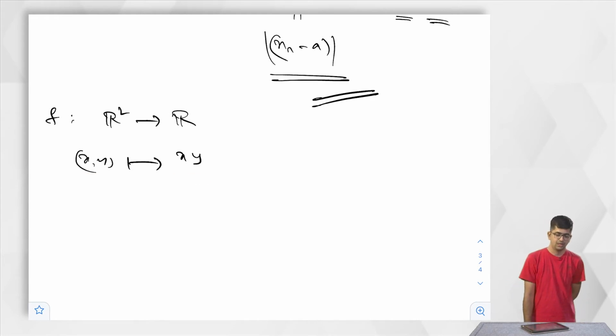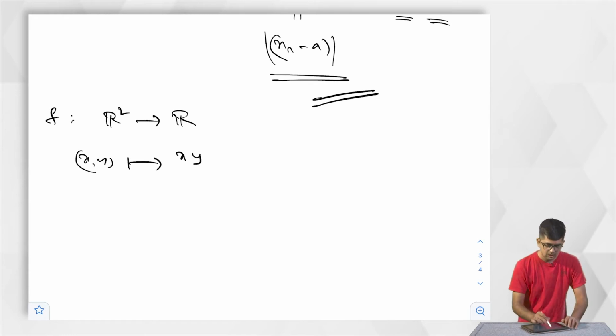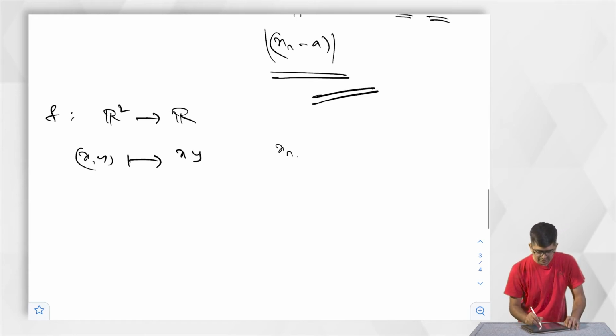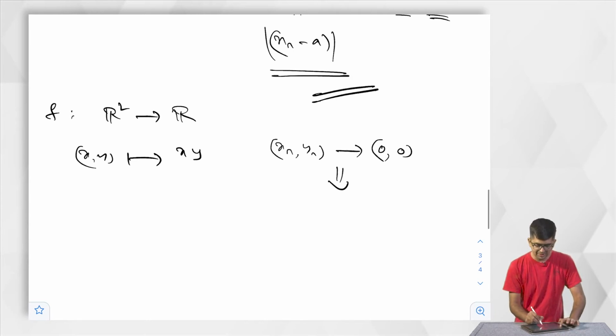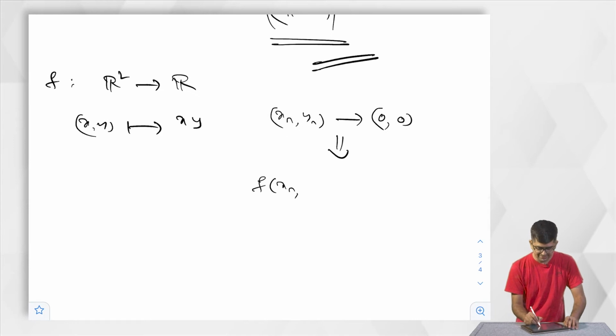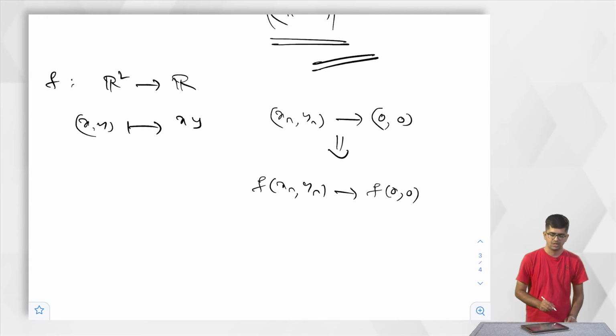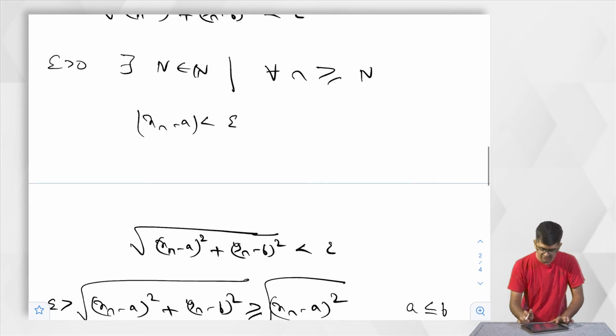Is it continuous at, say, (0, 0)? How do you check that? Suppose we have a sequence (xn, yn) converging to (0, 0). Does it imply f of (xn, yn) converges to f of (0, 0)? We have seen just before that one nice thing about this metric, which metric?